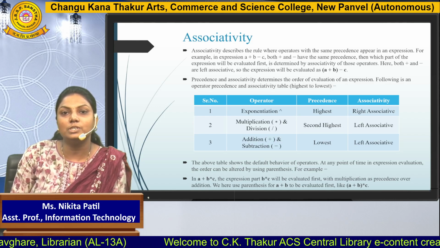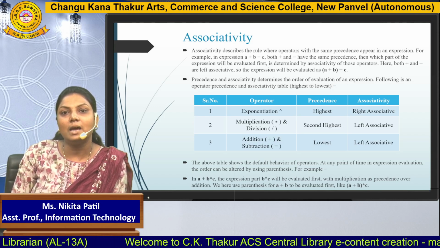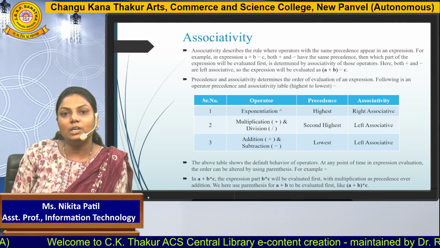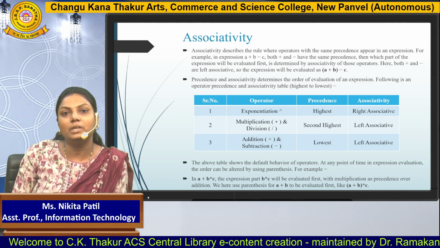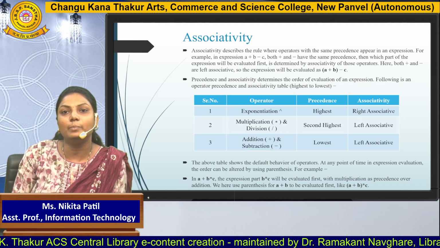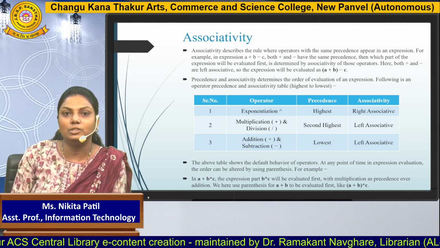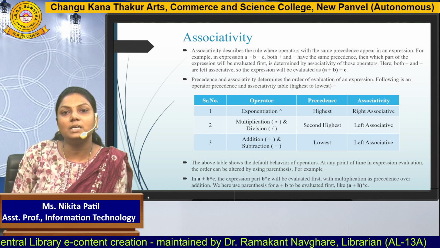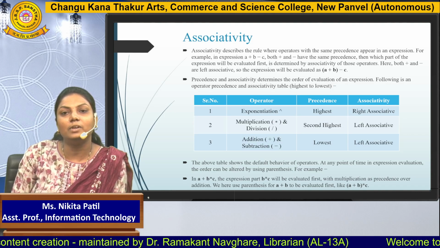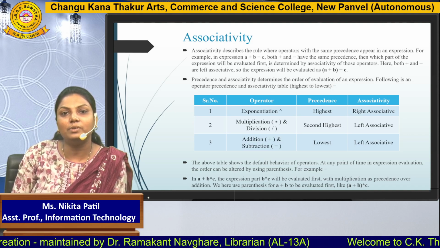So here exponentiation has the highest precedence and has right associativity. So every time, if there is an exponent in the expression, it has the highest priority and it will be processed with right associativity. The second is multiplication and division, which have the second highest priority and left associativity.